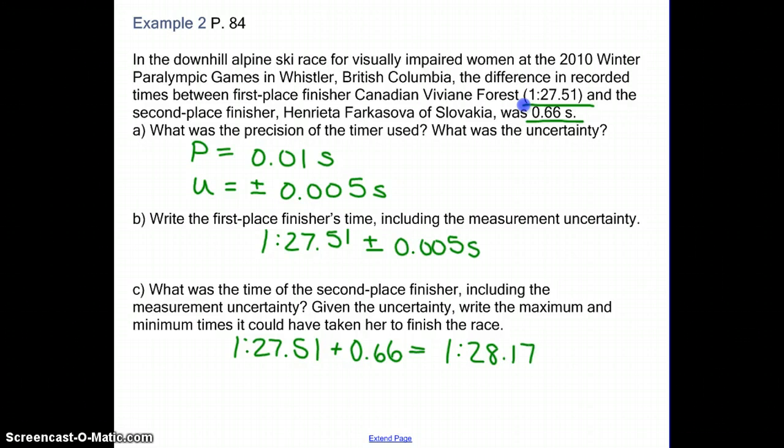So that would be your total time. But each of these two numbers that we came up with already have an uncertainty attached to them. So we have to add those uncertainties together. So our total uncertainty becomes 0.01 seconds.